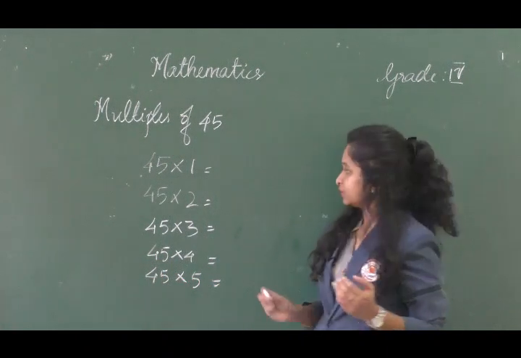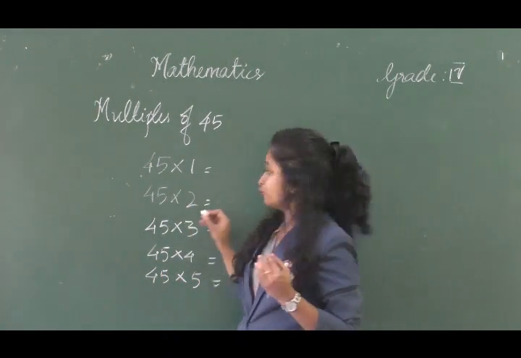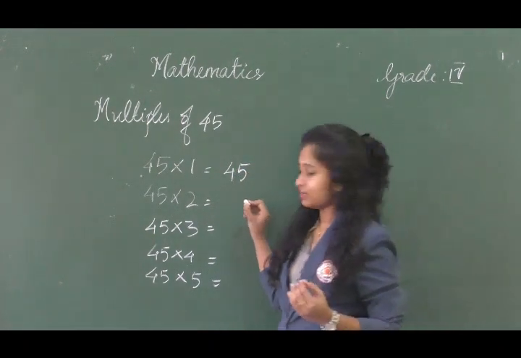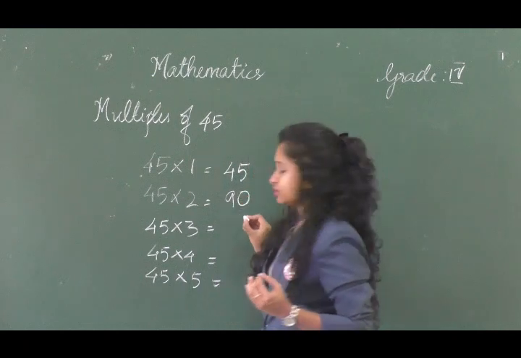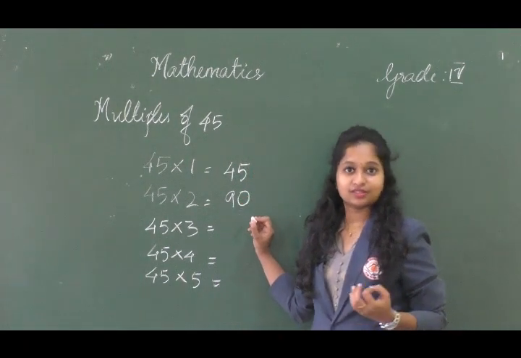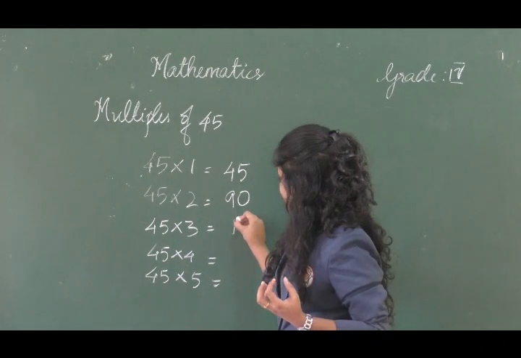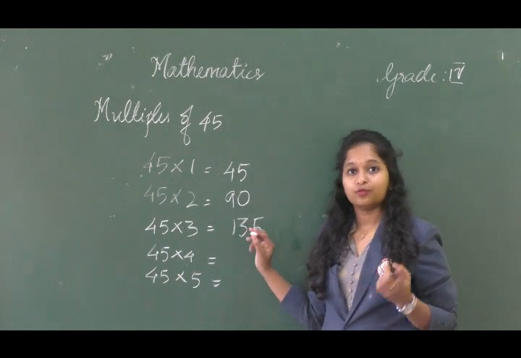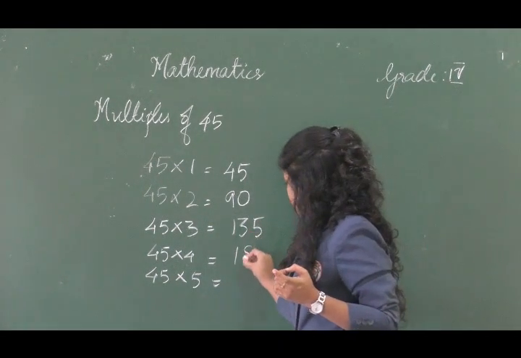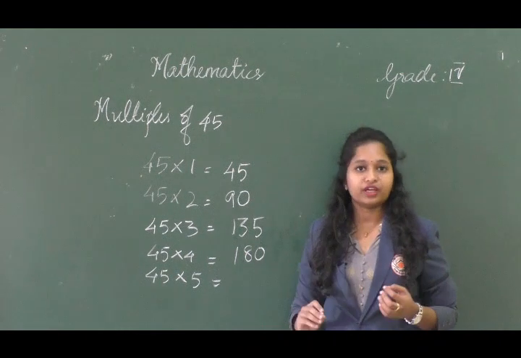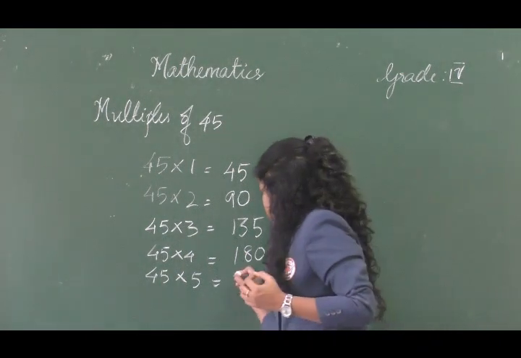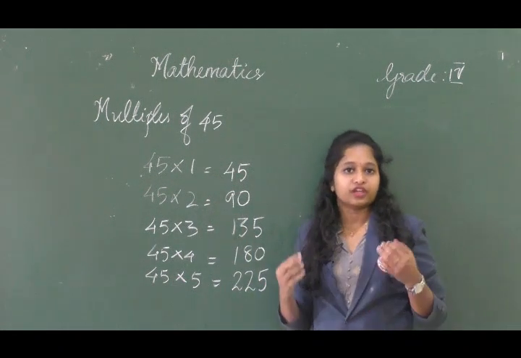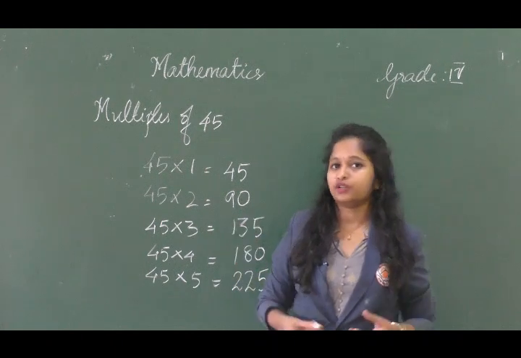Let's start. 45 into 1 is 45. 45 into 2 is 90. 45 into 3 is 135. 45 into 4 is 180. And 45 into 5 is 225. So this is how we can find the multiples of a particular number.